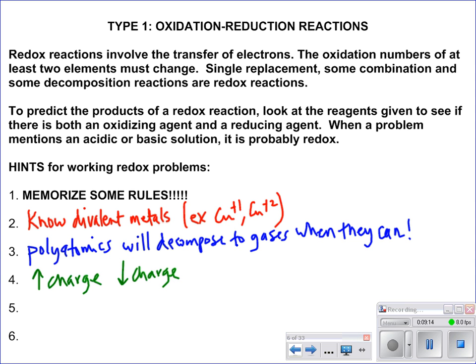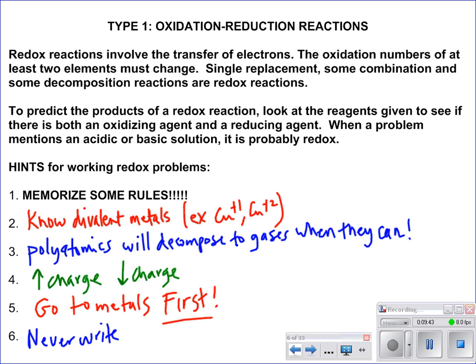Okay, number 5 is a controversial rule, but it works. Go to metals first. Again, you'll get it in a minute. Go to metals first. And number 6 is kind of a combo rule. Never write down group 1 ions. Why wouldn't we write down a group 1 ion?